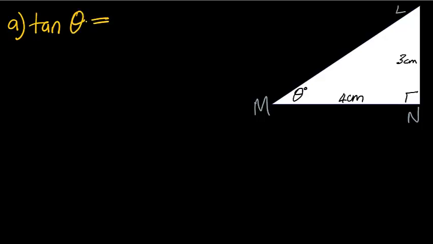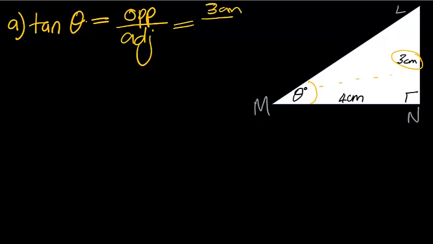Now based on previous knowledge, information that we've memorized, we know that tan of theta is opposite over adjacent. Now I start with theta and I say opposite is going to be 3 centimeters and adjacent is going to be 4 centimeters. So tan of theta is going to be 3 over 4.